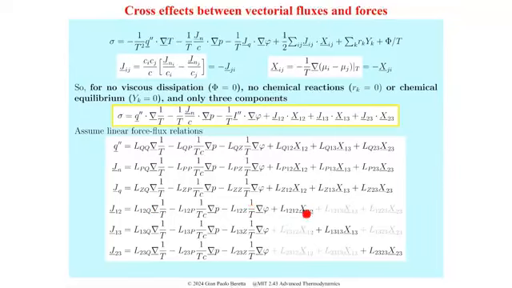And part of it could be captured by these, but I think that if you want the most general description of that, you would need to include also these off-diagonal terms.